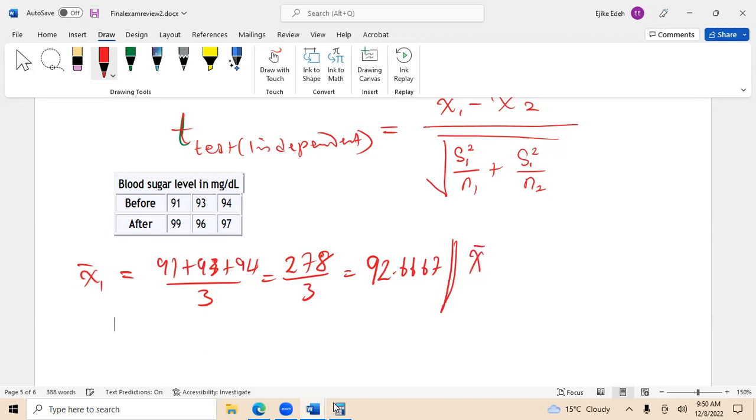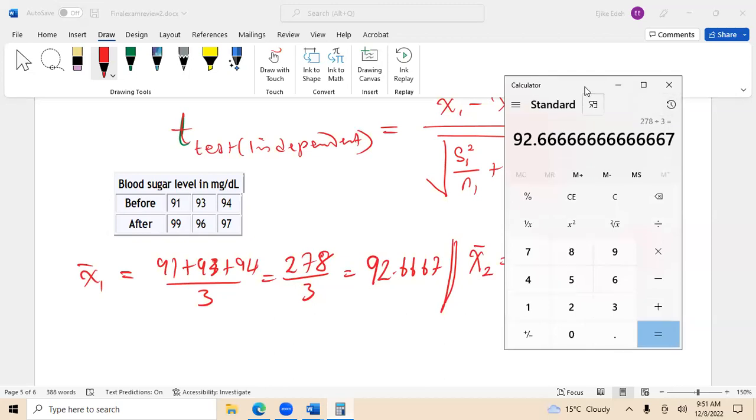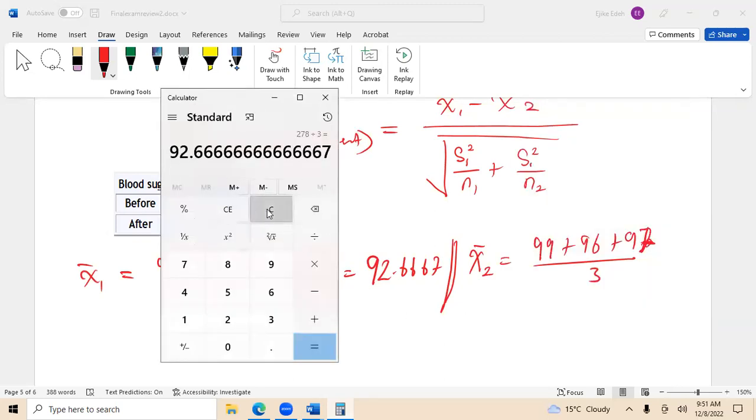If you get a different answer, let me know. Okay. So for mean of group 2, we have 99 plus 96 plus 97. And then you're dividing this by 3, right? Let's use the calculator again. So here we are dealing with 99 plus 96 plus 97.